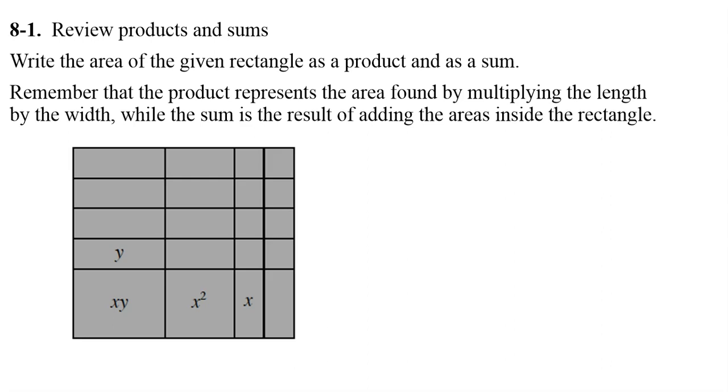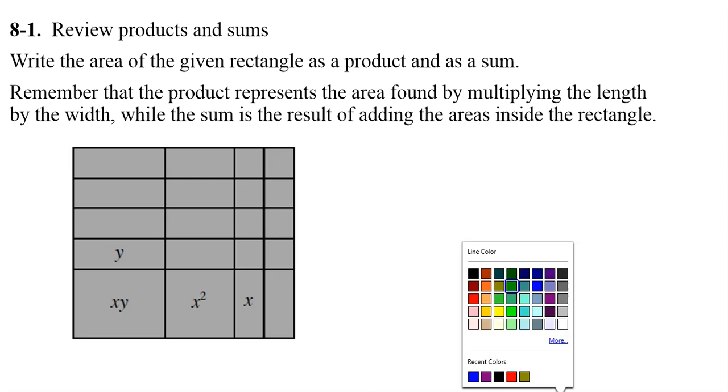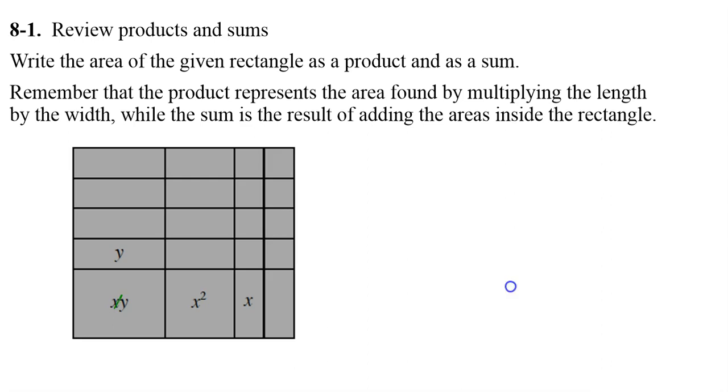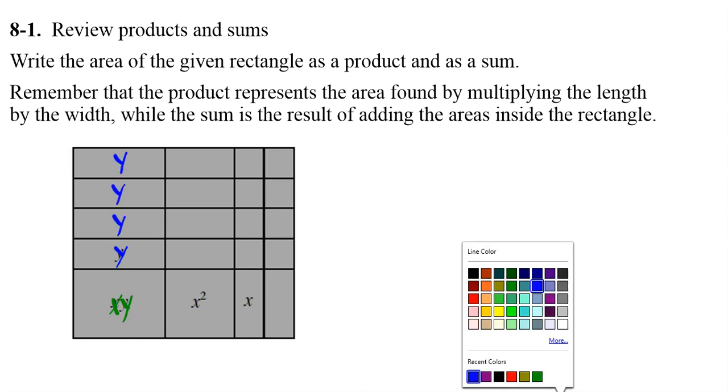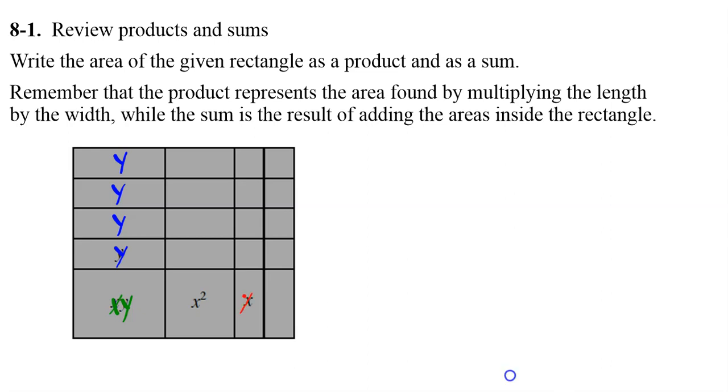So if we look at these first, let's try to figure out what exactly we have inside this rectangle. So here we have an x and a y. So we got an x and a y here. That's an xy. And then we've got a y. So these are all y tiles. And then we also have this x tile here.